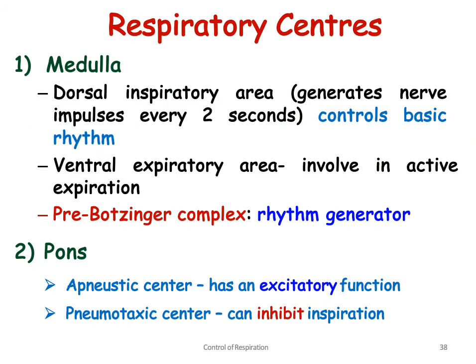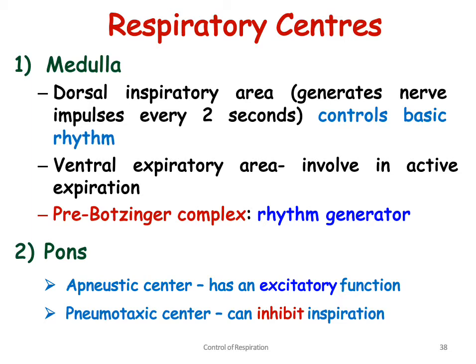Whereas the central controller, or the respiratory centers, are the medulla and pons. The medulla has two parts, which are the dorsal respiratory group, which is associated with inspiration, and then the ventral respiratory group, shortened VRG, which is associated with active expiration, and the third one is the pre-Bötzinger complex, which is involved as a pattern generator.